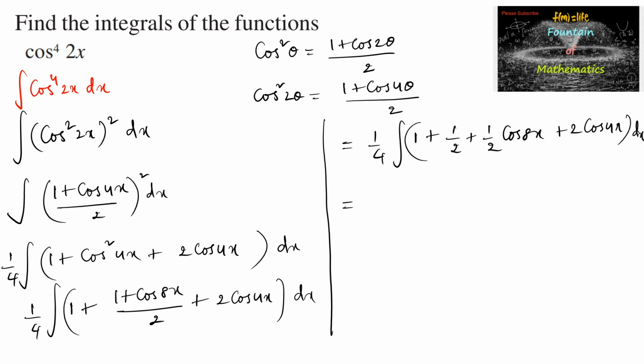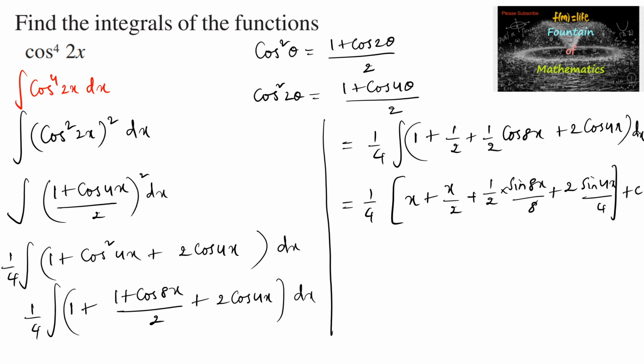Now on integrating we'll get 1 by 4 times: integration of 1 dx is x, integration of 1 by 2 is x by 2, and integration of cos x is sin x. So 1 by 2 into sin 8x divided by 8, and 2 times integration of cos 4x is sin 4x upon 4, plus integral constant c.